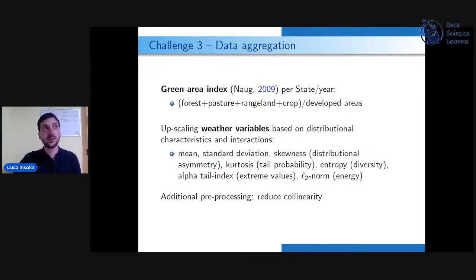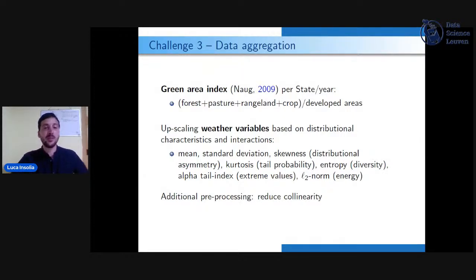This was due to the fact that weather data at a granular level had a resolution much lower than honeybee data. So in order to make them comparable, we had to do this upscaling phase.